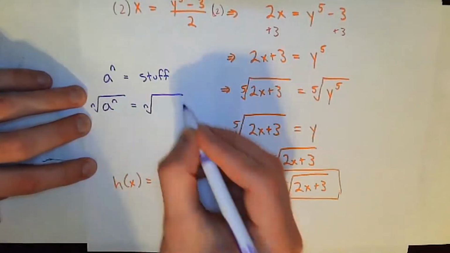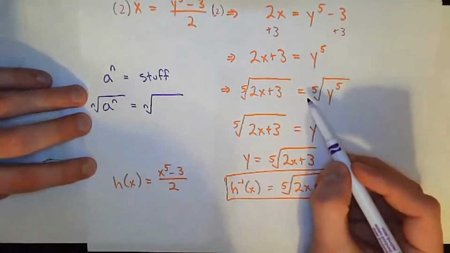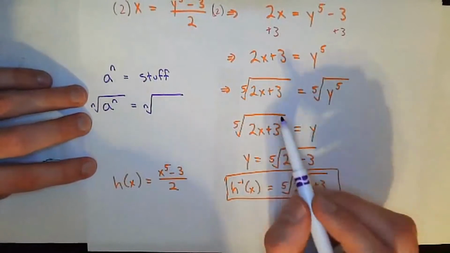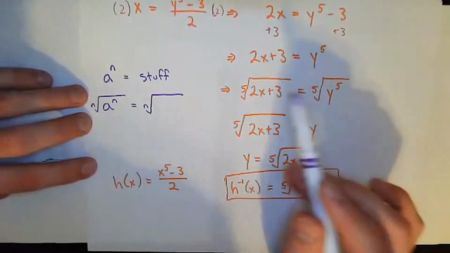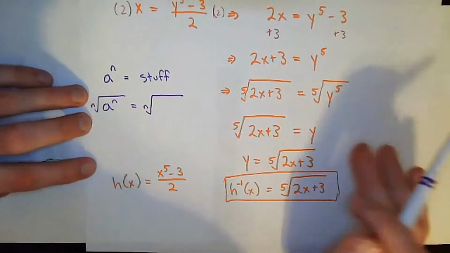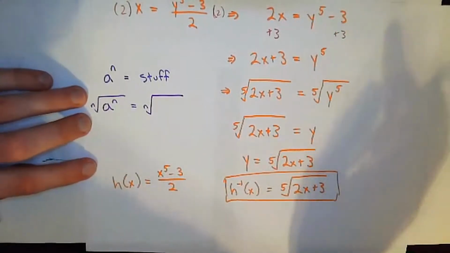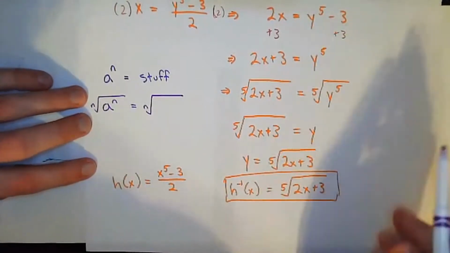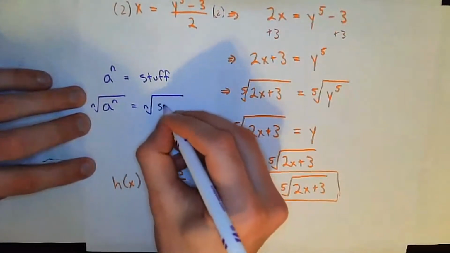In this case, it's a fifth root. If it was a 3, it would be a third root. If it was a 7, it'd be a seventh root. Now notice I'm leaving out the even ones here, because even functions are not invertible.